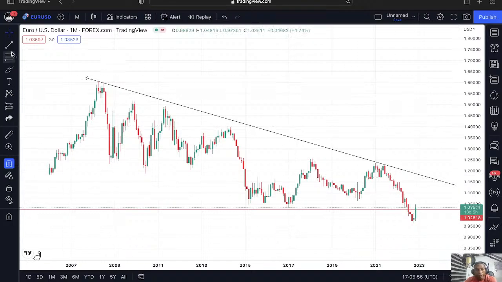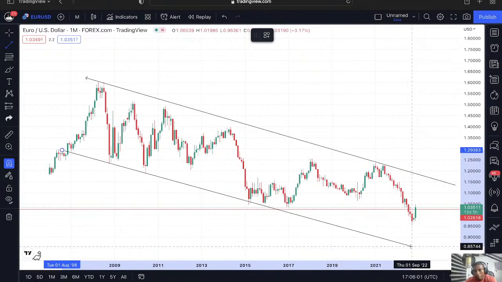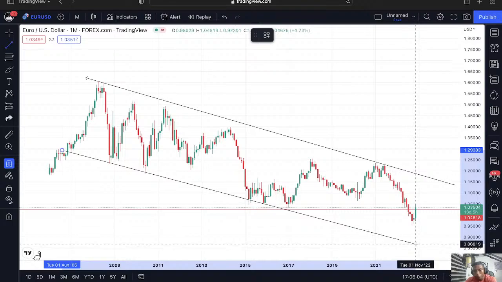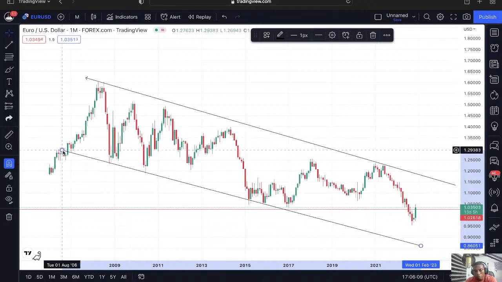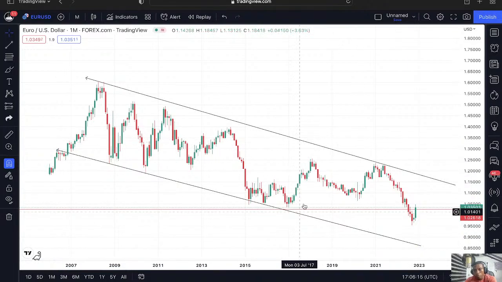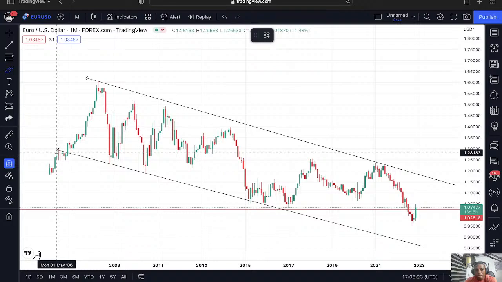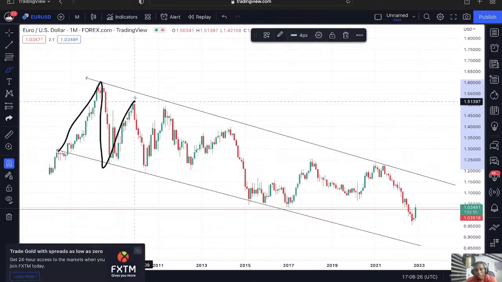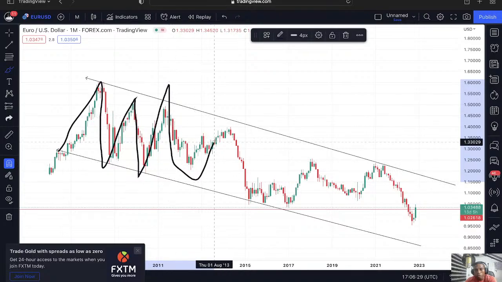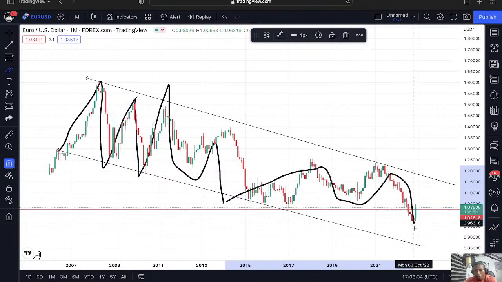On the higher time frame, we can see that the market is in a downtrend. You can see how price moved from here up, came down, and we can see price moving in a wave-like pattern.